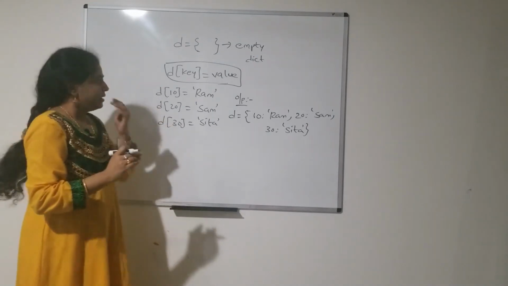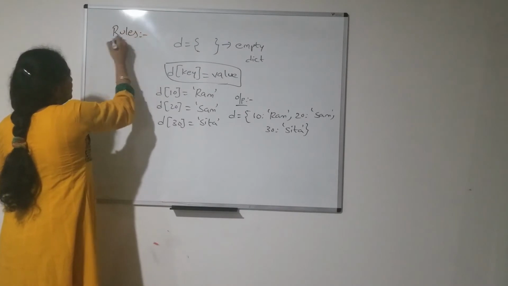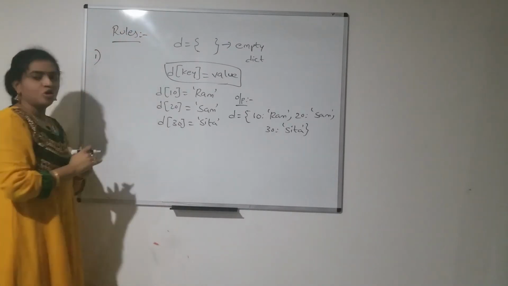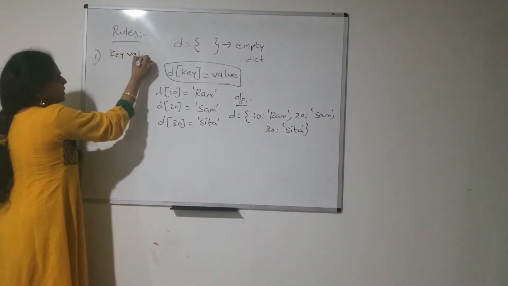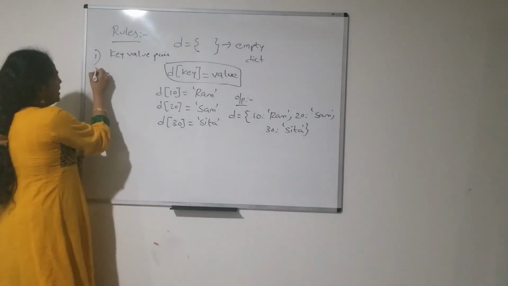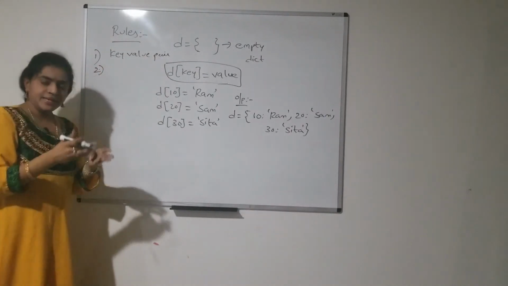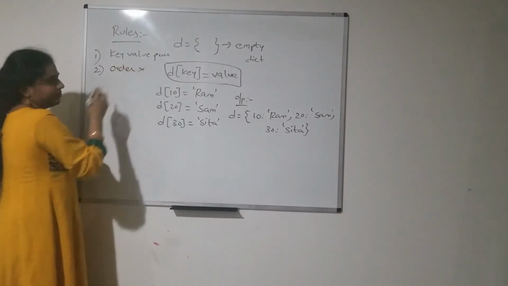Now coming to the rules. When you want to represent data as a key value pair, then you have to go for a dictionary. This is the first rule. Second, just like set and frozenset, order is not important here.